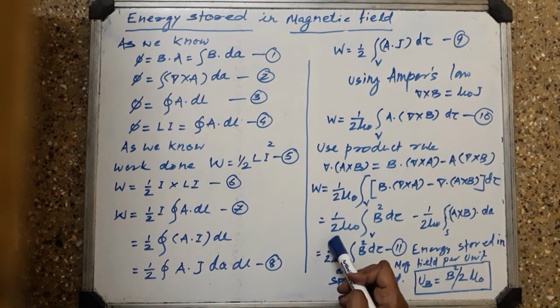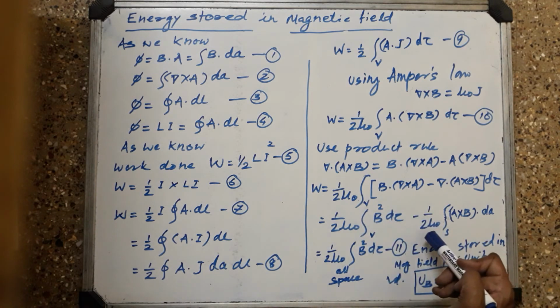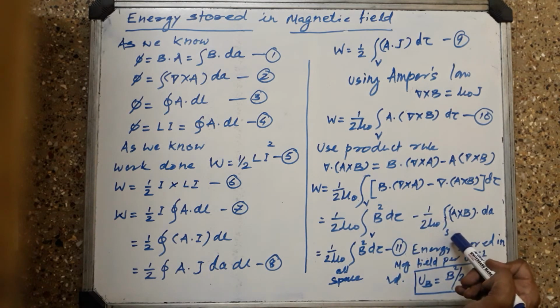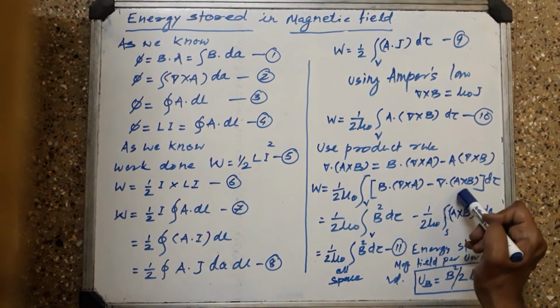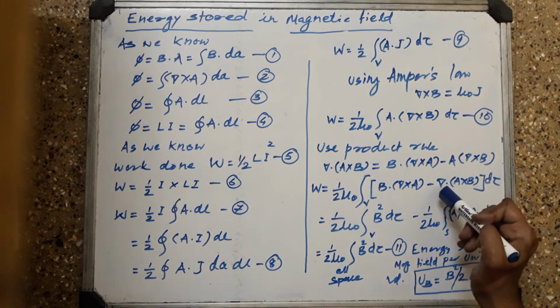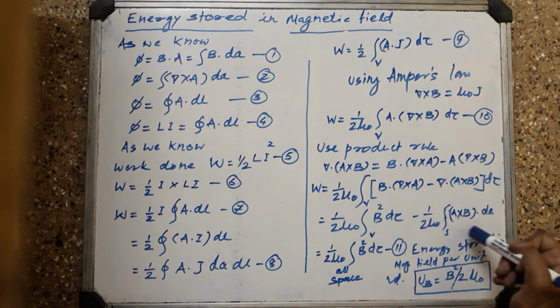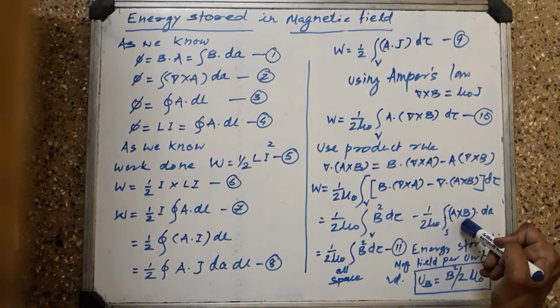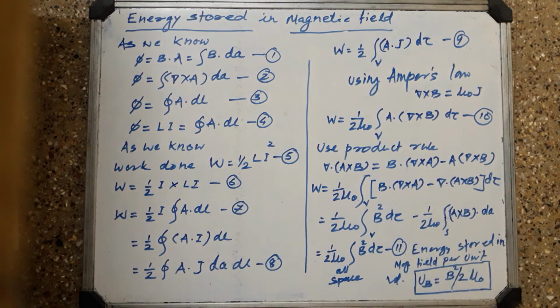So we got 1 by 2 mu naught volume integral of B square d tau minus 1 by 2 mu naught surface integral of A cross B dot dA. So divergence of this, using divergence theorem, we will get volume integral and surface integral.